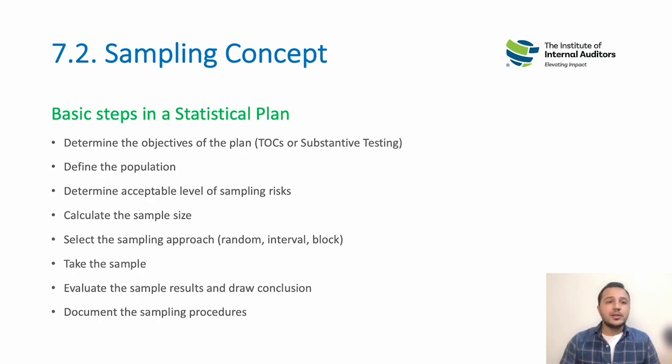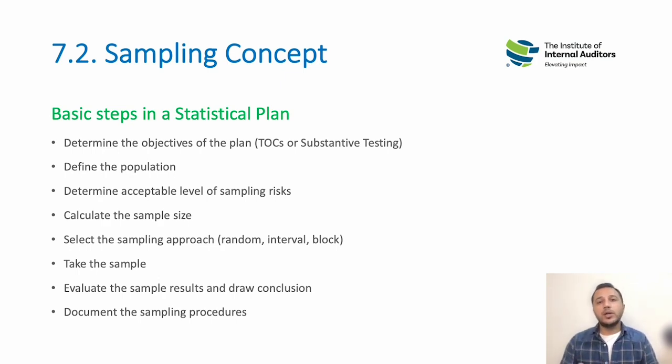Once that is done, we determine the acceptable level of sampling risk, so that we can calculate by applying different statistical concepts, standard deviation and standard error, whether the data sets we have obtained within the population are a true and good representation of the entire population, and how much they can deviate from the average.